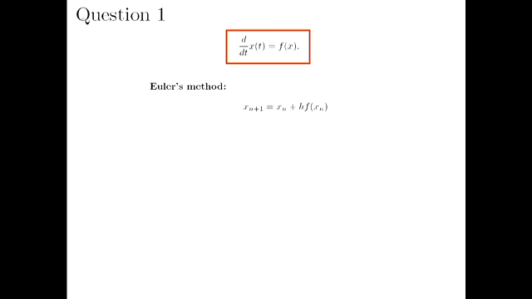So if you think about it, that Eulerian scheme is just a first order scheme, right? It's just saying that as long as I know the gradient of the function at some point in space, I can predict some other point in space from just projecting from that gradient.